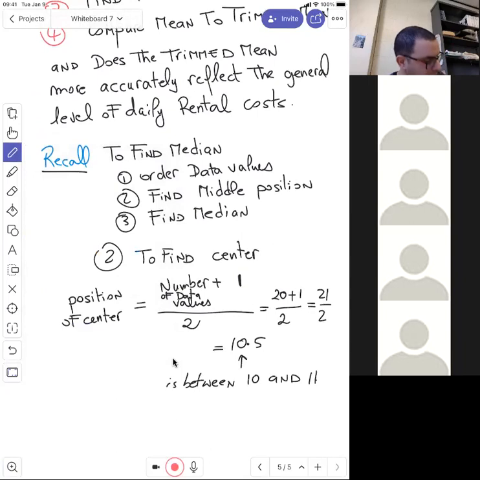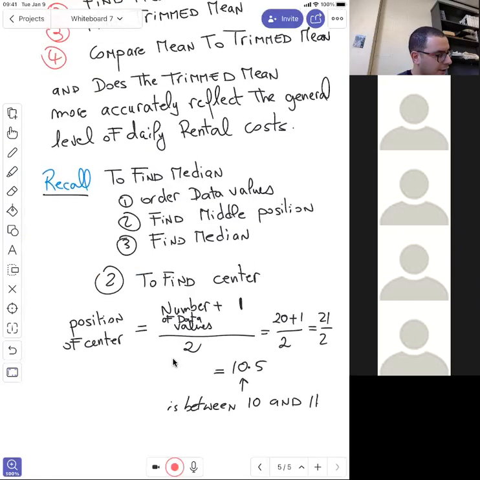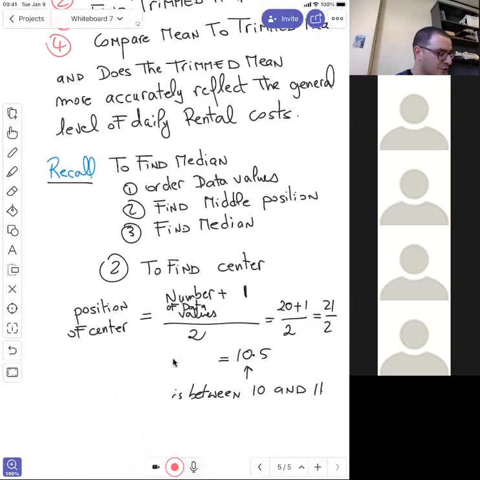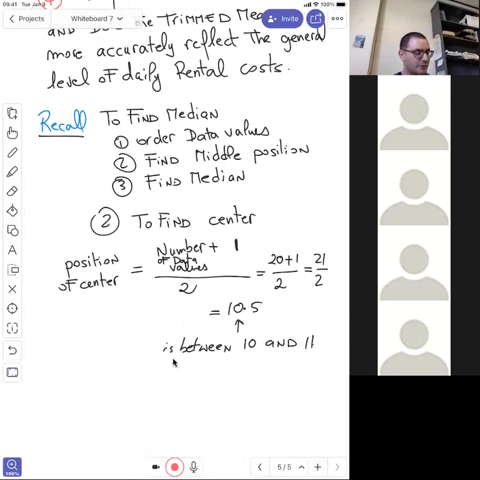So the position of the center would be between the 10th and the 11th values. You just count, after you order. First, of course, you need to order your numbers. And then you count. You need to find your 10th and your 11th.